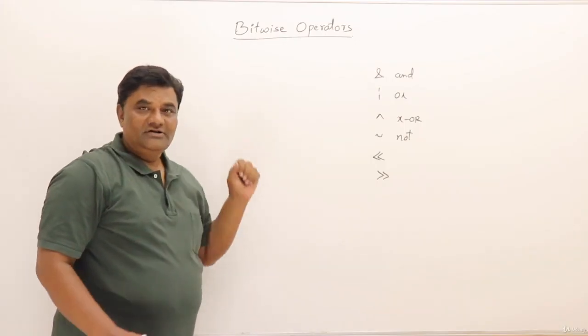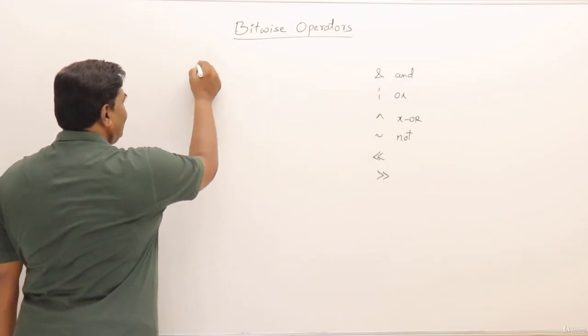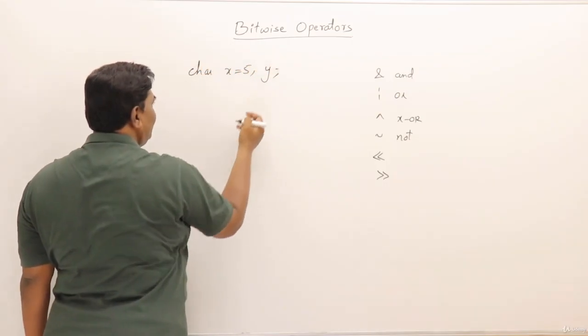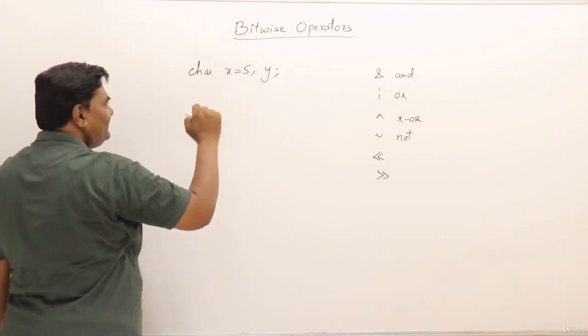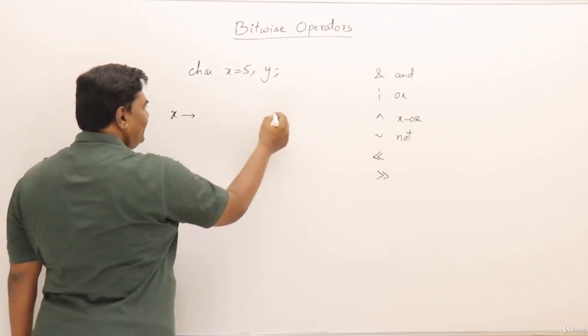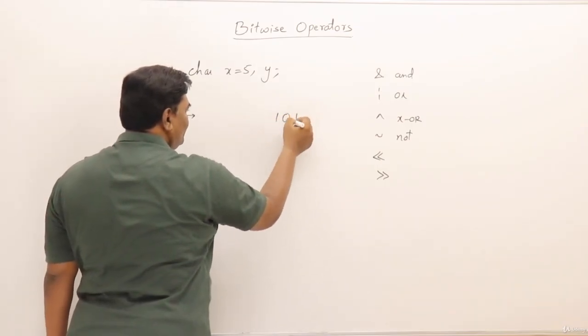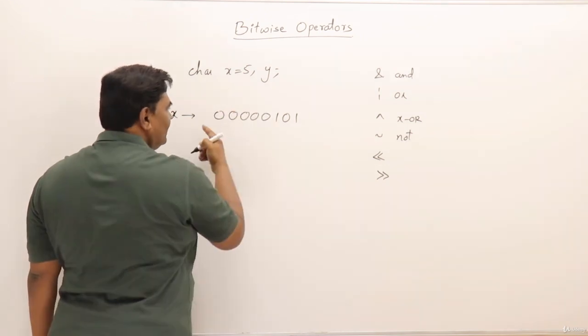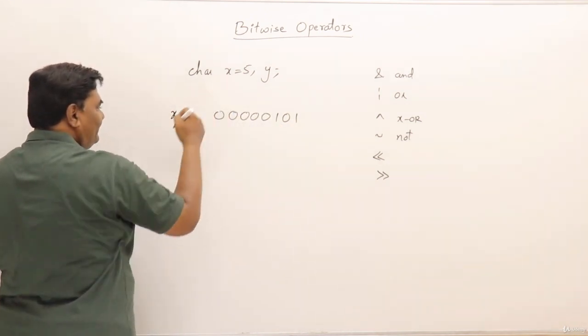Let us look at NOT. I will take a character type variable x with value 5 and also one variable y. Character takes just 1 byte in C++. So this x in the binary form, it will be 5 is 101 and remaining all bits are zeros. So this is the binary form of 5.